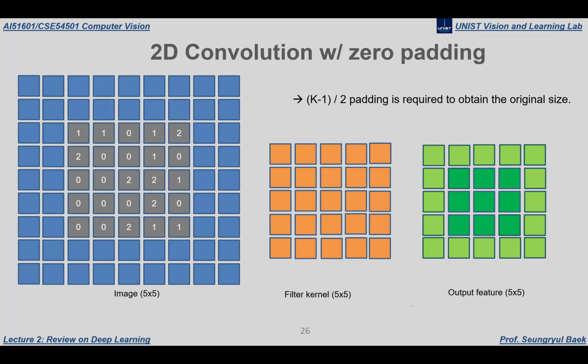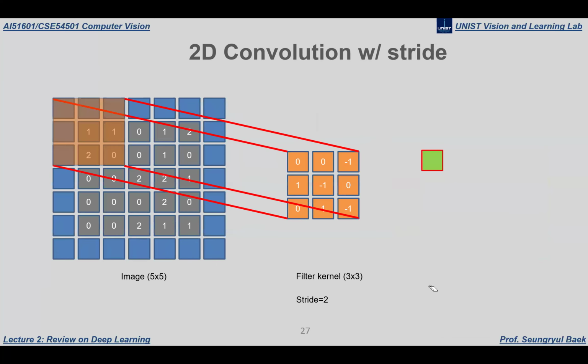So this is a formula for how much zero padding is required to retain the original input image size. And also there is a hyperparameter called stride.